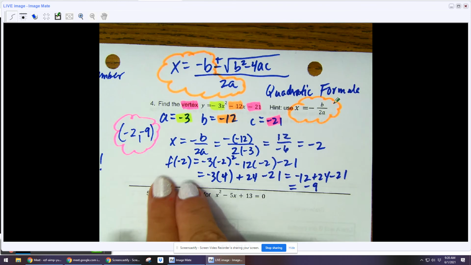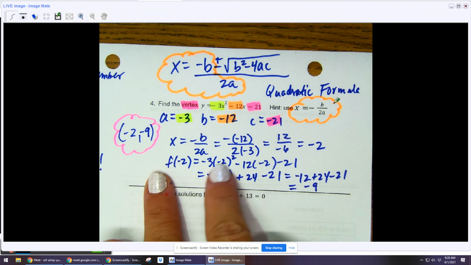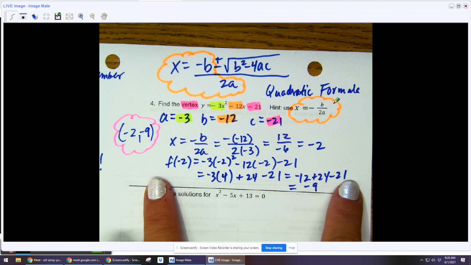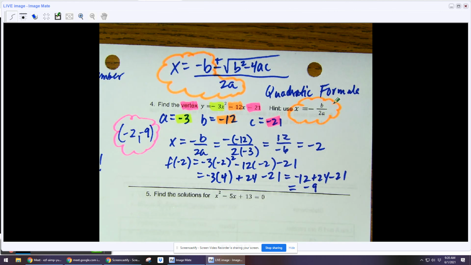Okay, do you see how that -2 worked out? -2 squared was 4. Negative times negative, positive 24. So -12 plus 24 minus 21. See how you do on that. See if you get the same answer.